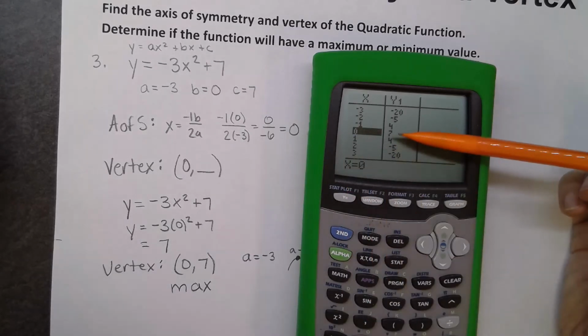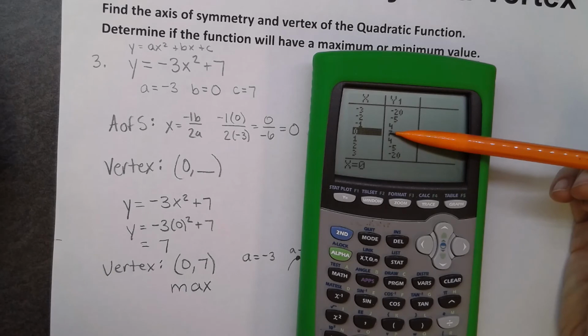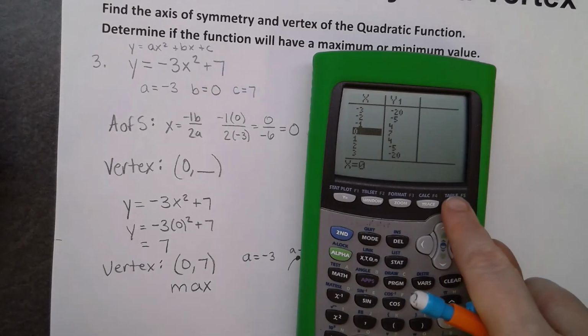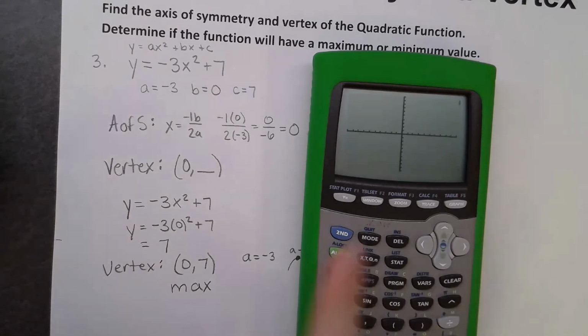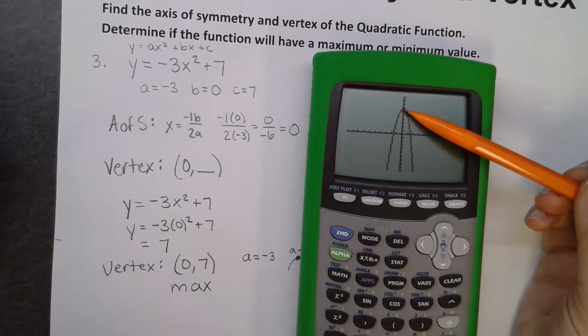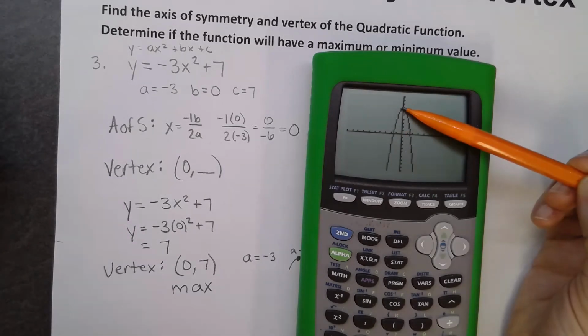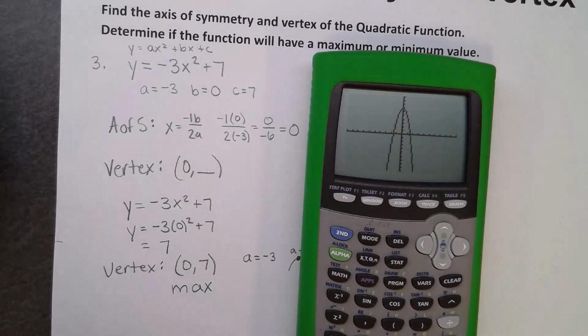And it looks pretty good because we see that repetition on either side that's going to form that U shape. And again, we could hit the graph button to see the actual graph. And that also helps us check if we're getting the max or min correctly. We can actually see that maximum value for the vertex.